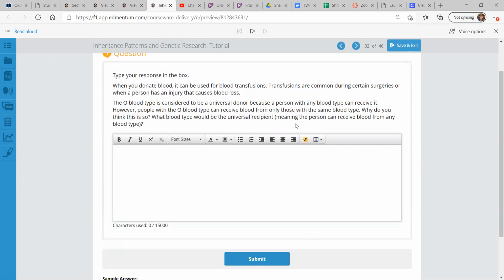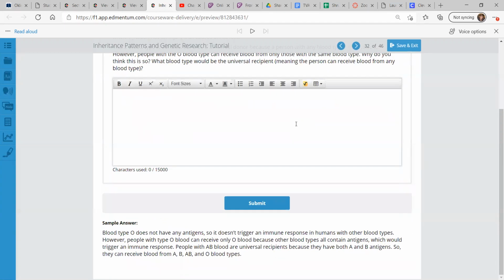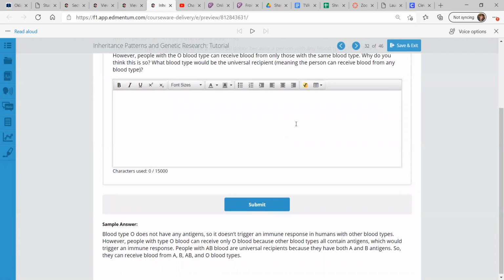What blood type would be the universal recipient? So instead of the universal donor, which could give blood to everybody, who's the person that could receive blood from any blood type? Well, blood type O doesn't have any antigens, so it doesn't trigger an immune response in humans with other blood types.